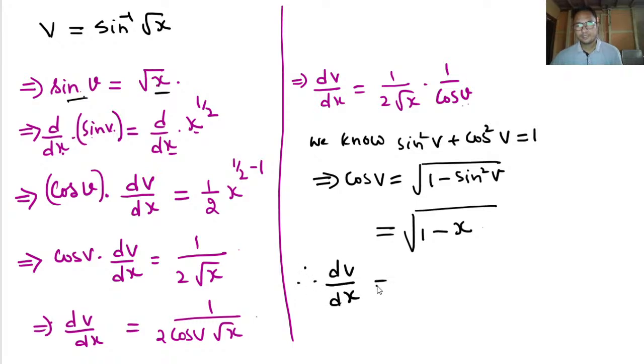So dv by dx is 1 by 2 under root of x into under root of 1 minus x. Put it back in the equation.